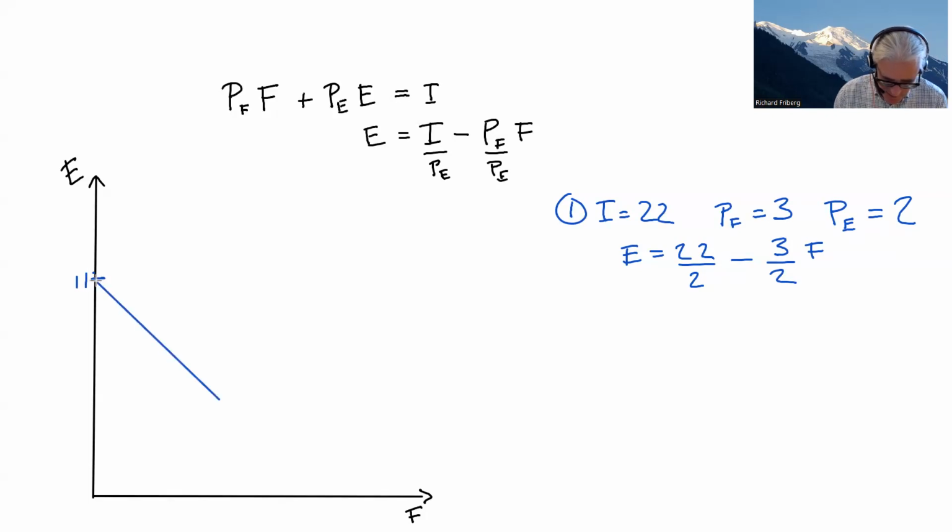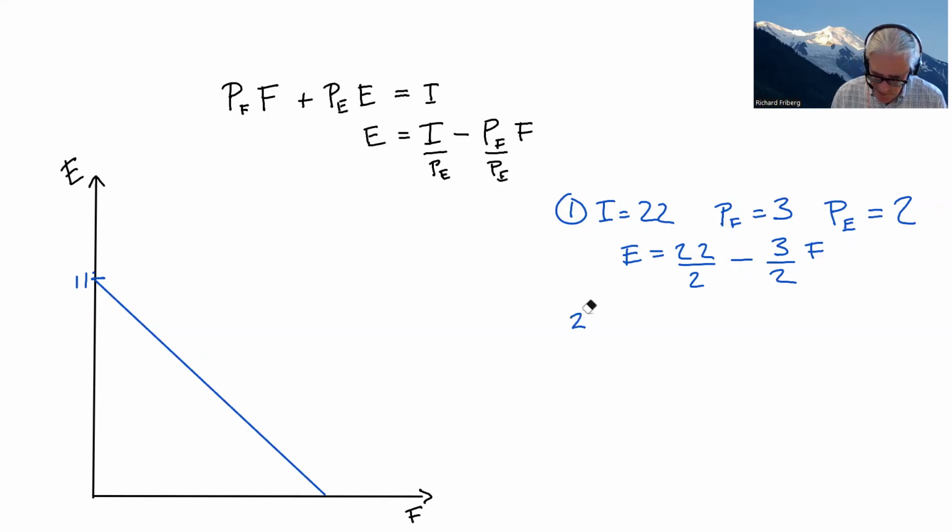And then there's going to be a budget constraint with a slope of -3/2, or -1.5. That's the budget constraint for this case.